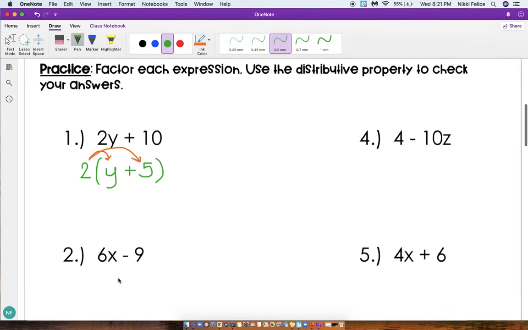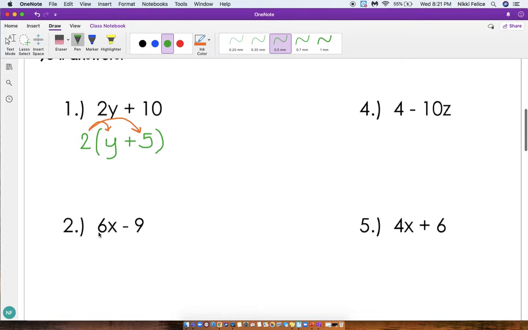In problem number 2 down here, we have 6x minus 9. So ask yourself, what is the greatest common factor between 6x and 9? It's 3. So we are going to divide 3 out of each of these terms. We're going to take 6x, divide out a 3, and we'll be left with 2x.